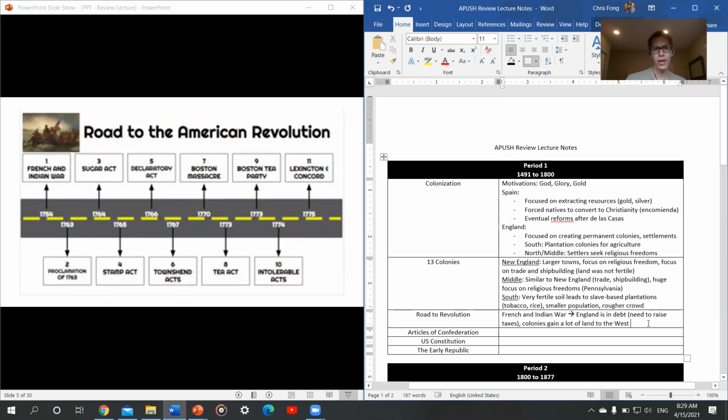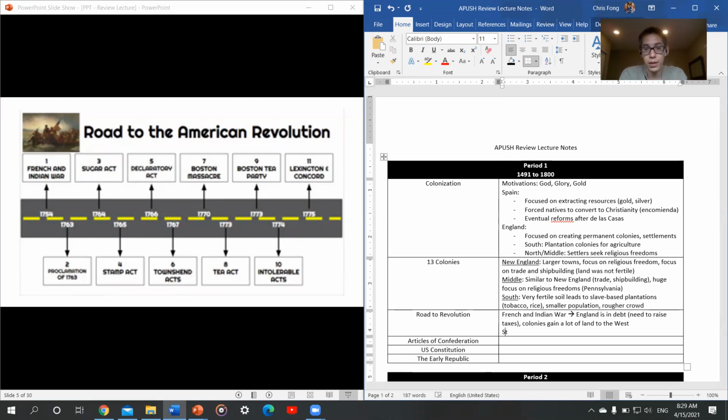And then you should know a handful of different of these laws. The Stamp Act is the famous one. It was a tax on all letters and legal documents. You might want to know the Boston Massacre, where a small number of protesters were killed.